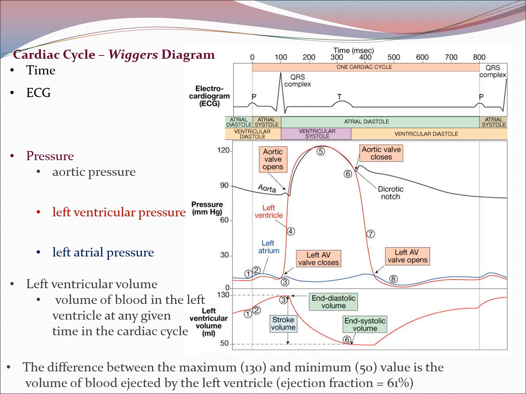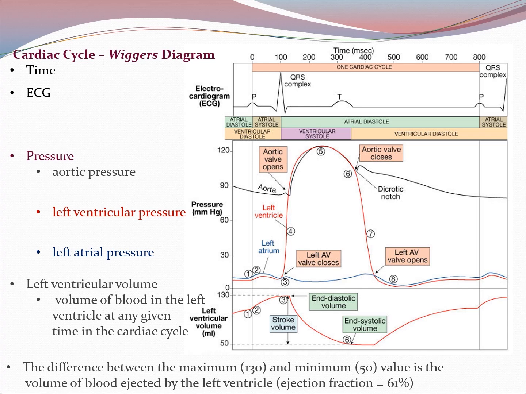The top portion of the graph represents time and the EKG, and sometimes you may see this at the bottom of the graph. Now, in the middle of the graph, there are three lines that deal with pressures. There's the aortic pressure, reflected in the black line. There's the left ventricular pressure, which is reflected in the red line.